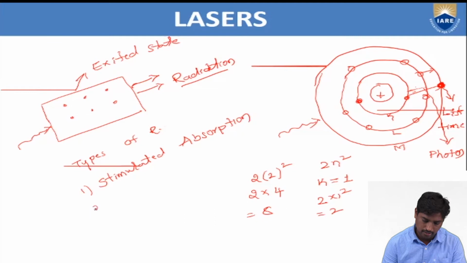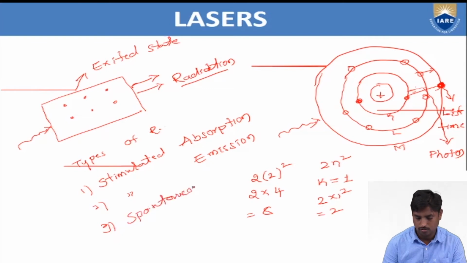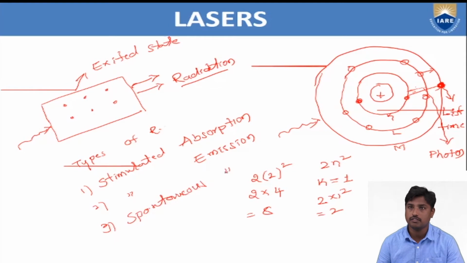Second is stimulated emission. Third is spontaneous emission. These three kinds of radiations we have.